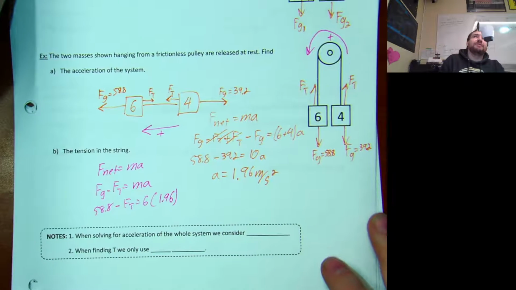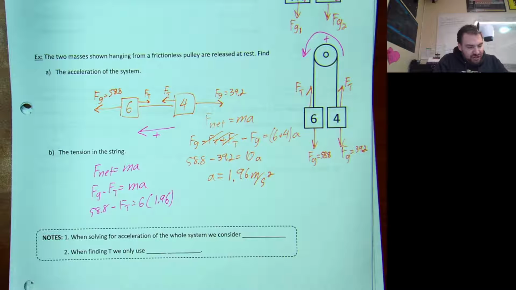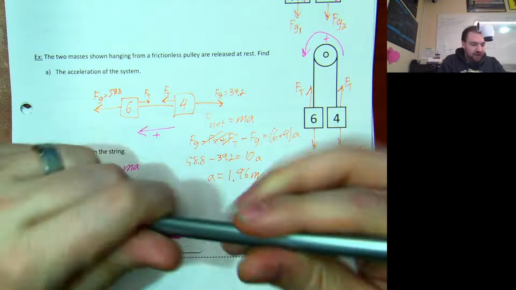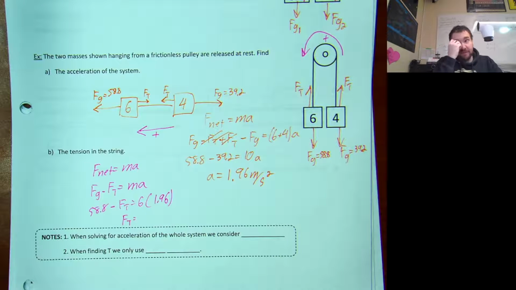We were in the process of going through this example using these masses, 6 and 4. We were almost done, and then the bell went. The tension in the string is what we were looking for here. Did anyone calculate this final value, and I just didn't take it from you before we left?